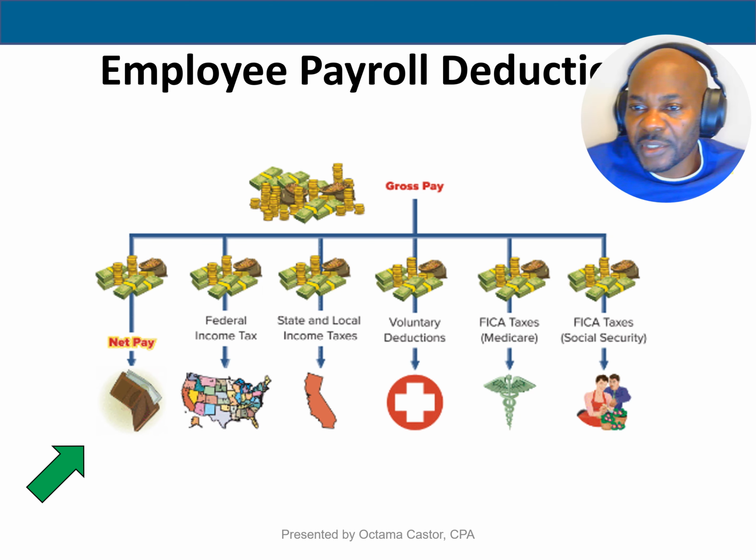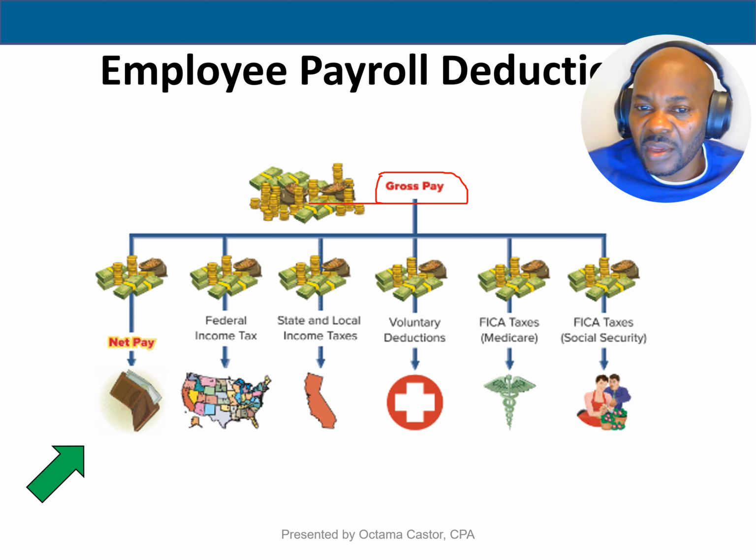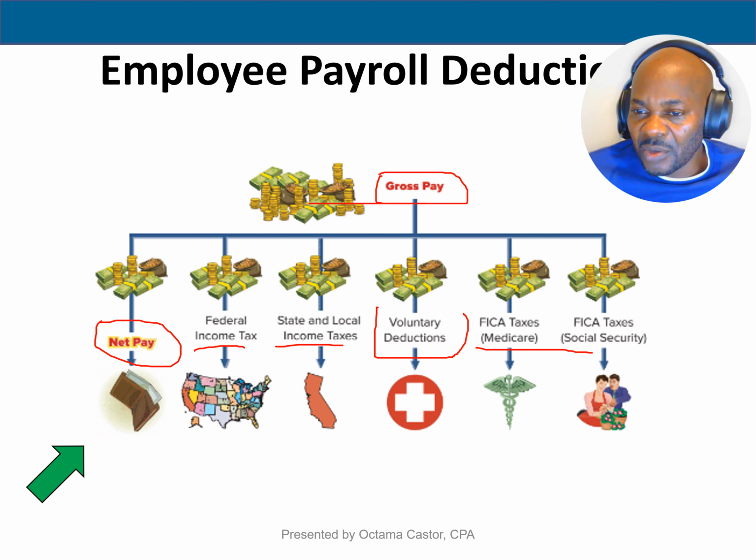Okay. Payroll deduction. If we work anywhere and receive a paycheck, we are familiar with the difference between gross pay and net pay. What is causing the difference? Well, it's the taxes, right? These deductions: federal income tax, state and local income tax, FICA taxes, and some of them would also be impacted by voluntary deductions.